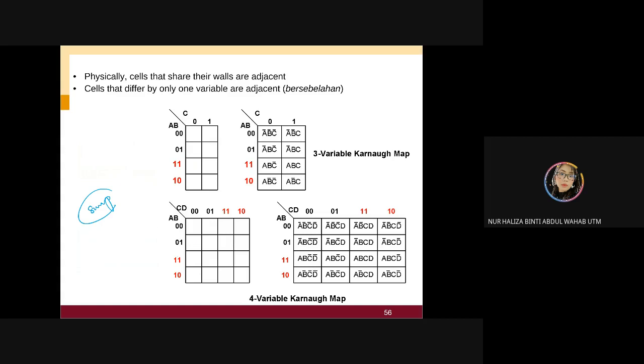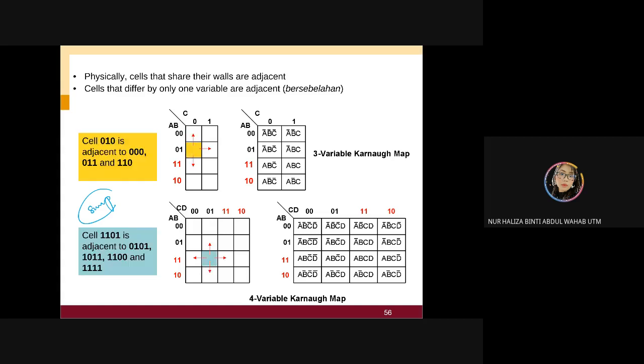Because some of you like asking me, kenapa, why do you need to learn this, why do you need to learn that. Okay? So that is why I give you the adjacent; it is important for you to know because you're going to play around with the bubble things to find the simplification version. So you know here the adjacent will be this part, this part, this part.